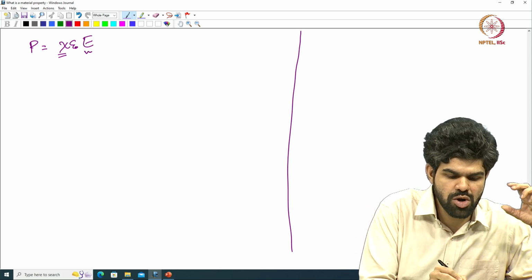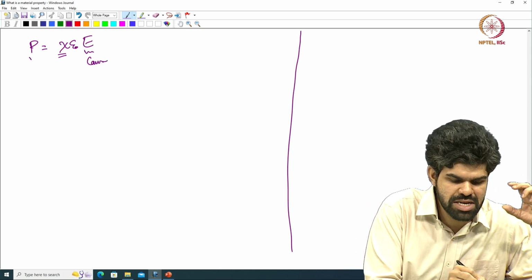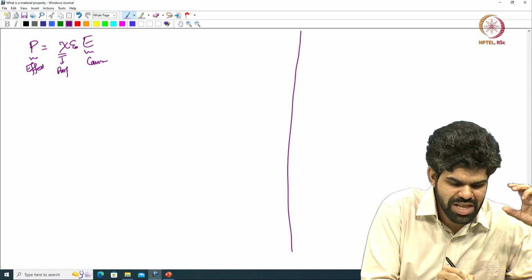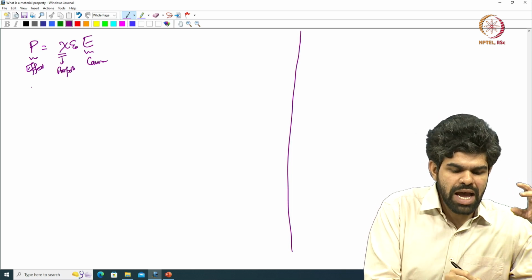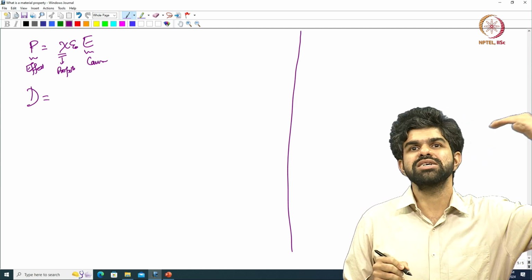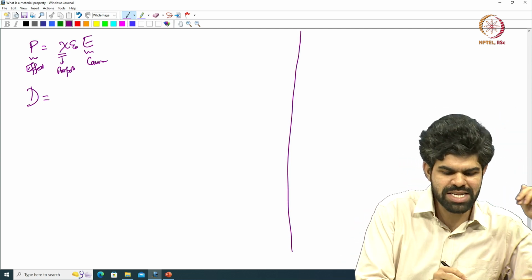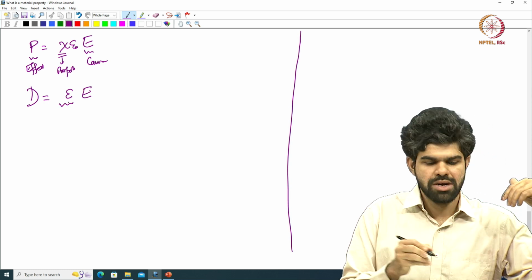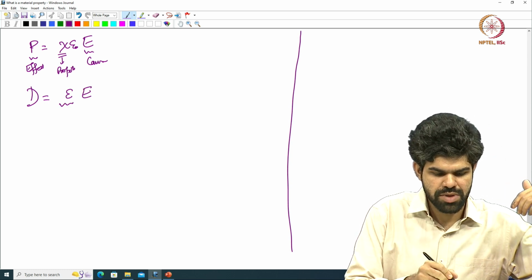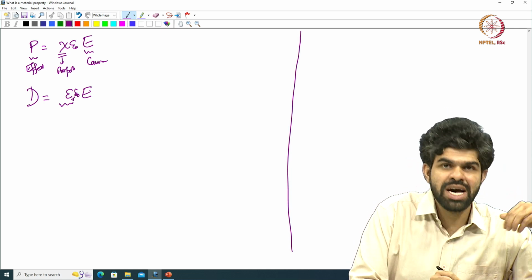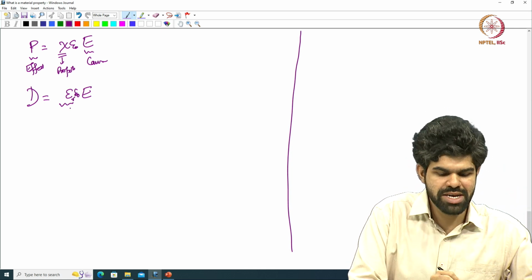This is the cause, this is the effect, and this is the property. Alternately, I can also say the displacement charges that I put on the metallic plates are nothing but epsilon times E, where epsilon is epsilon r times epsilon naught, and epsilon r is the dielectric constant of the material.